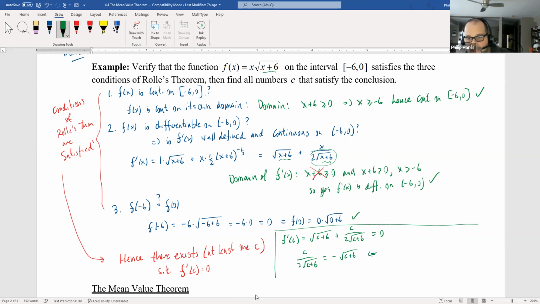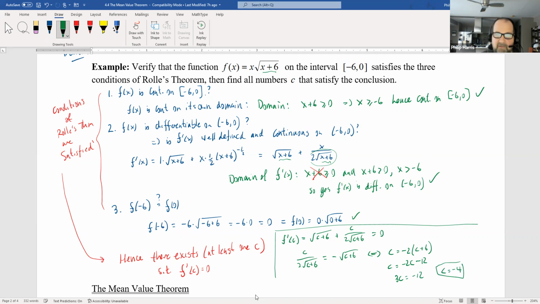Cross multiply, and we get that C equals -2 times C plus 6. So C is -2C minus 12. So 3C equals -12, and C must be -4.